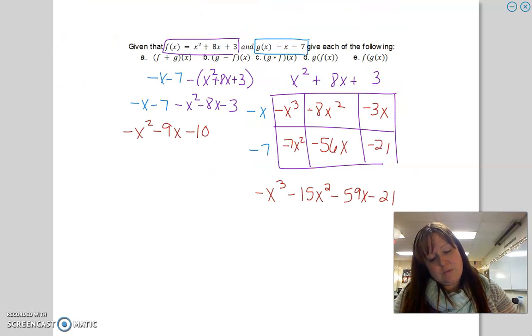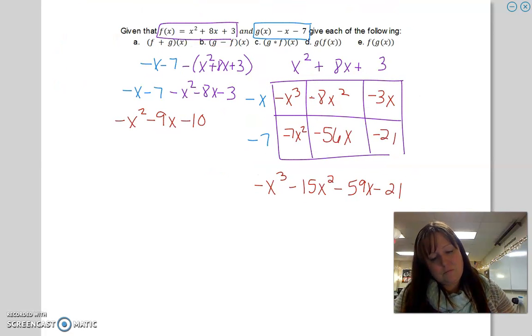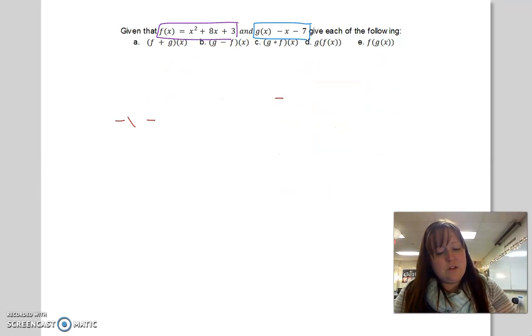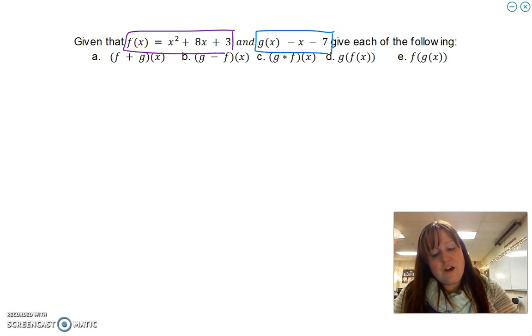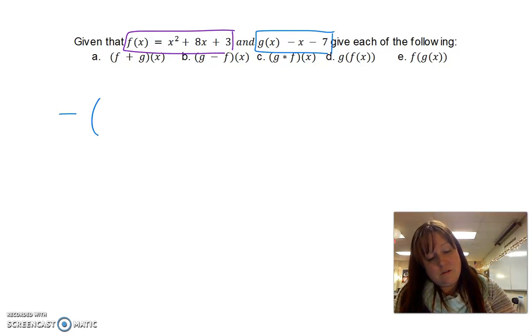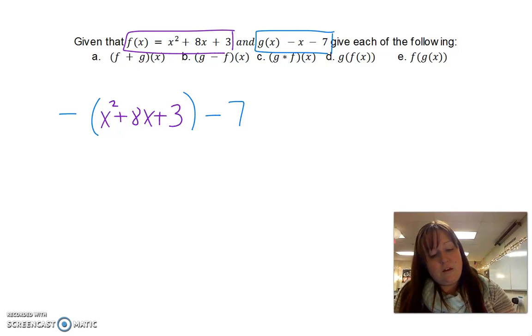All right, let's do our composition. I'll erase all that so we can do composition. Okay, so the first one is g of f of x. Remember, g is our outside function, and f is our inside function. And so we end up with negative x squared minus 8x minus 3, minus 7.